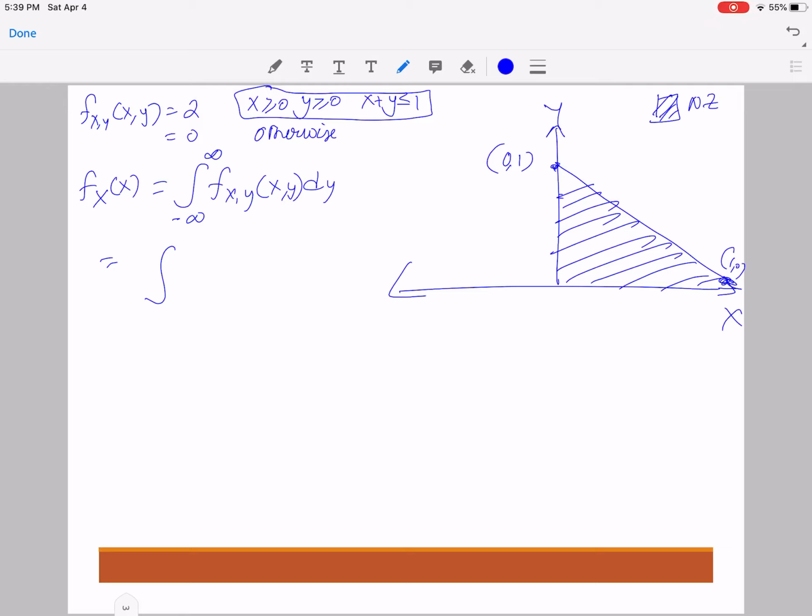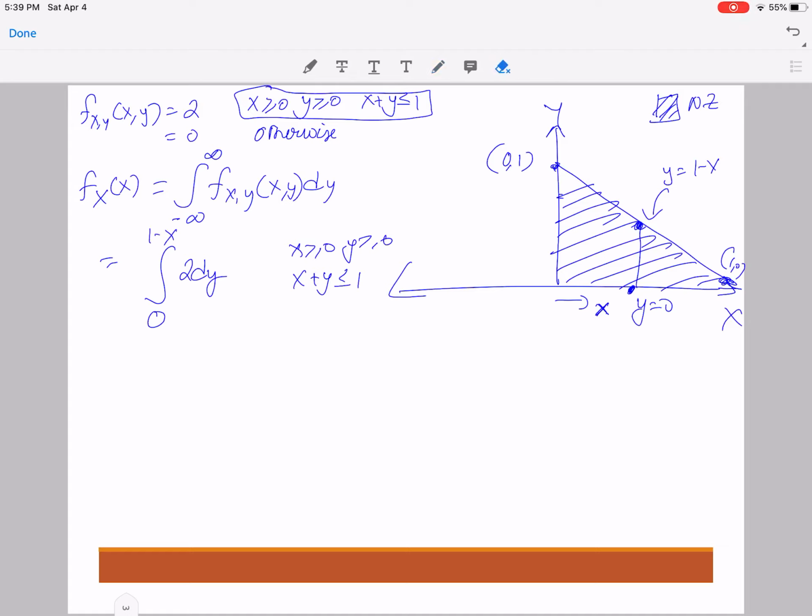I'm going to integrate the joint PDF, which is 2, over this region with respect to y. Let me find the limits of integration, and here's how I'm going to find it. For any value of x, y varies from 0 all the way to this point where y is 1 minus x. So that's the limit of integration from 0 to 1 minus x.